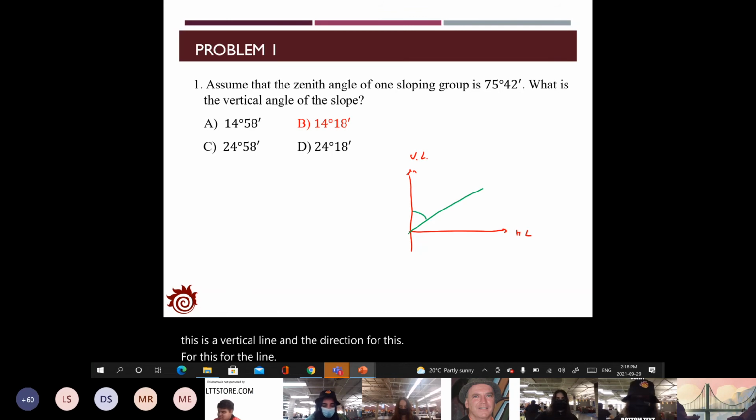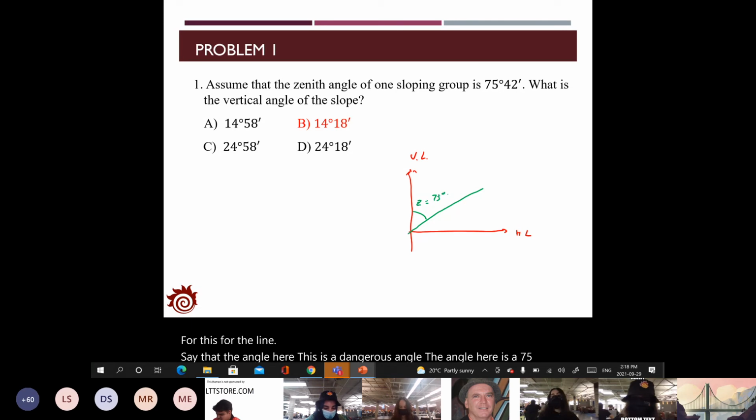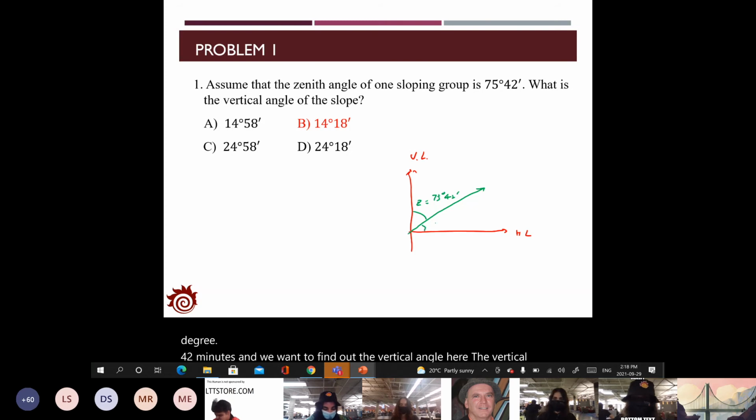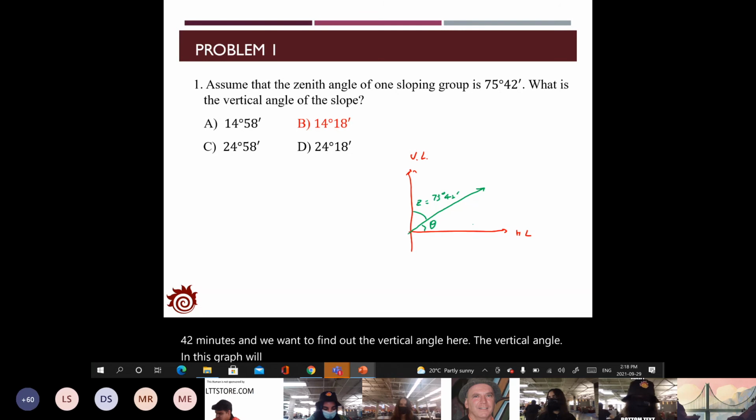The angle here is the zenith angle. The angle here is 75 degree 42 minutes. And we want to find out the vertical angle. Here, the vertical angle in this graph will be represented by the angle here.